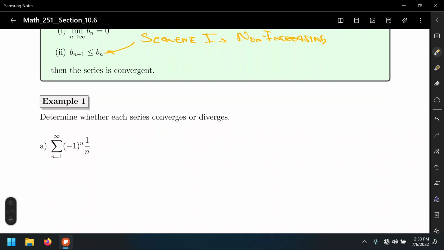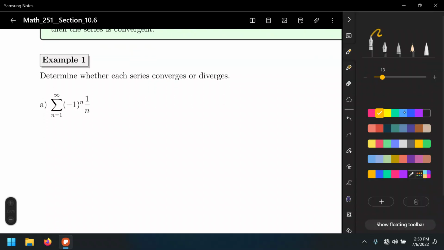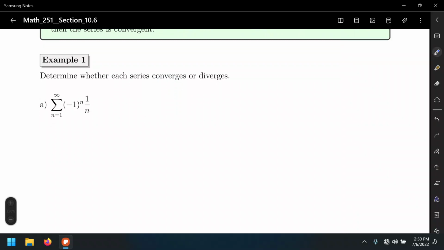Sigma n equals 1 to infinity of -1 to the n power times 1 over n. Number one, we need to check two conditions.